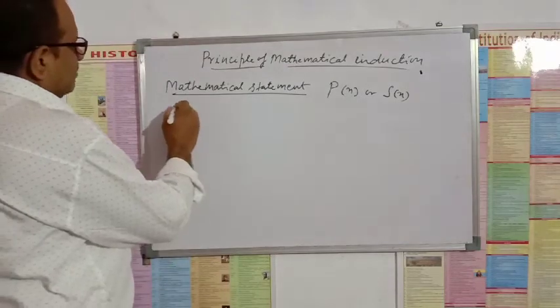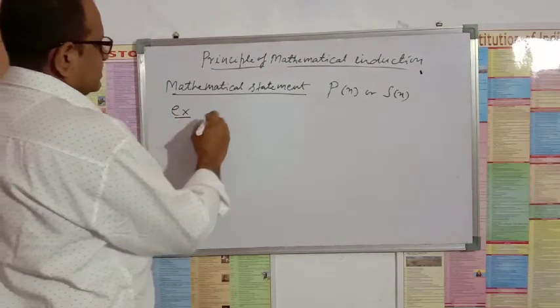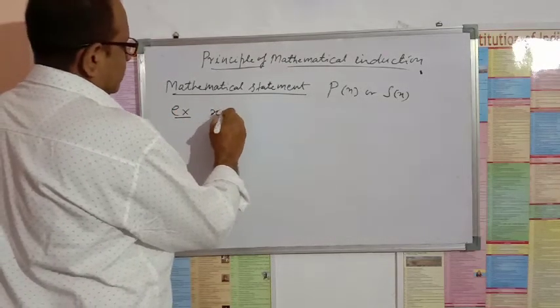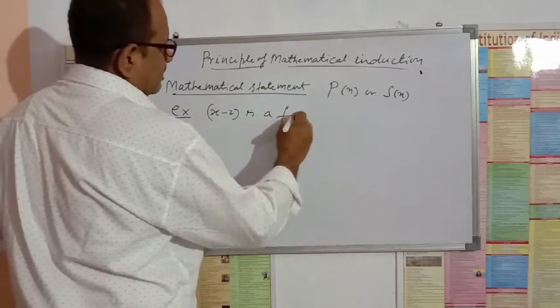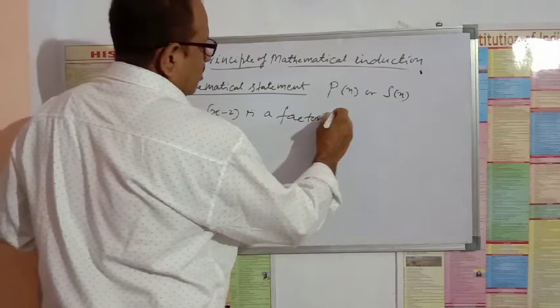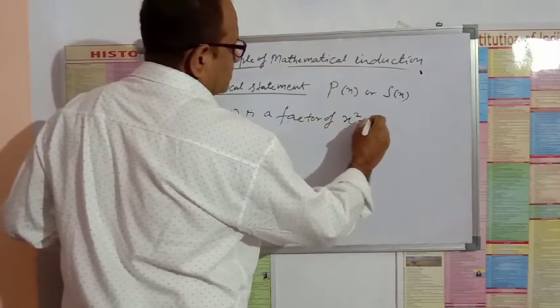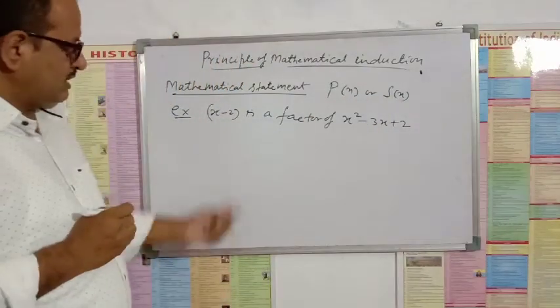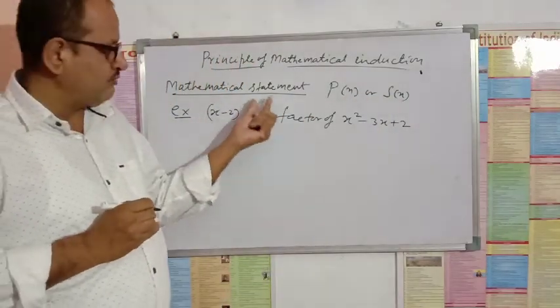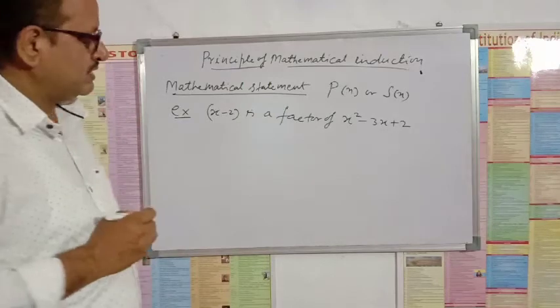Let us see some examples of statements. x minus 2 is a factor of x square minus 3x plus 2. It is a mathematical statement, as it involves a mathematical relation.